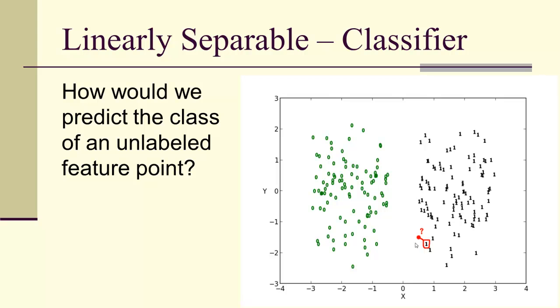And so therefore, because its nearest neighbor is a 1, then we would predict this is also in class 1. A nearest neighbor classifier.